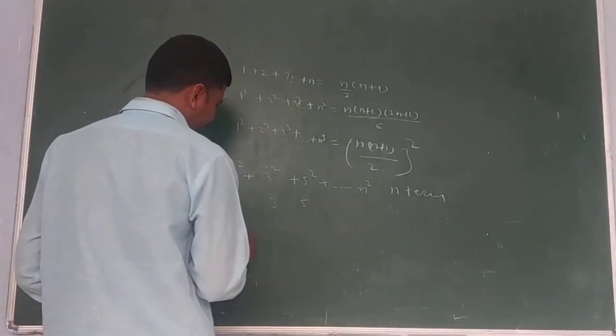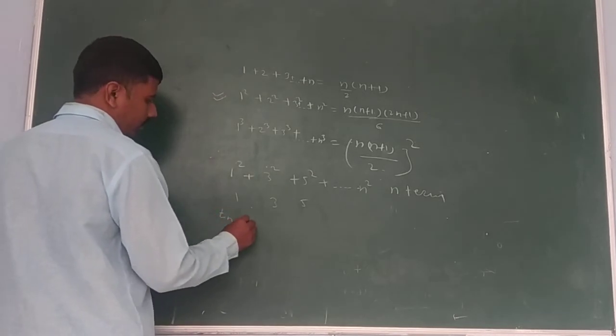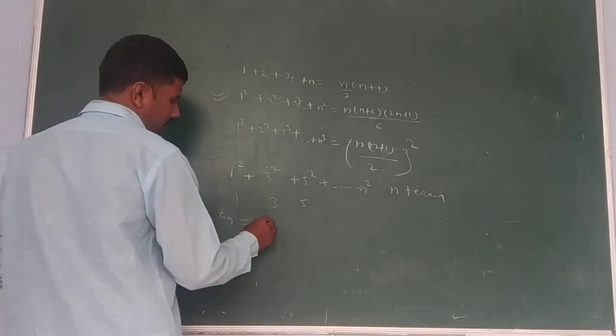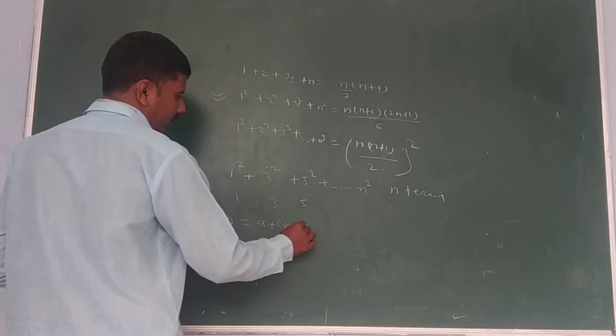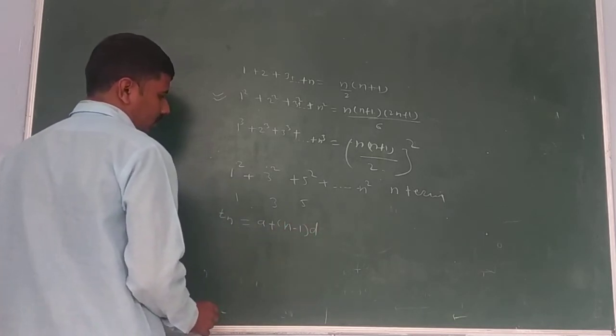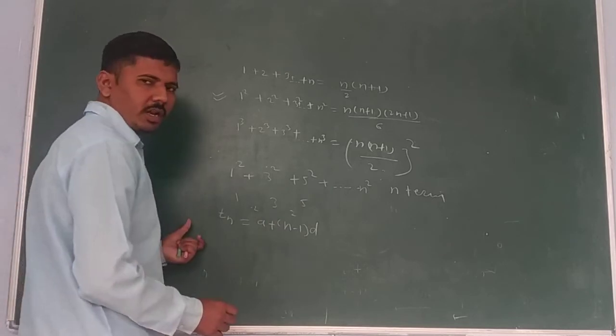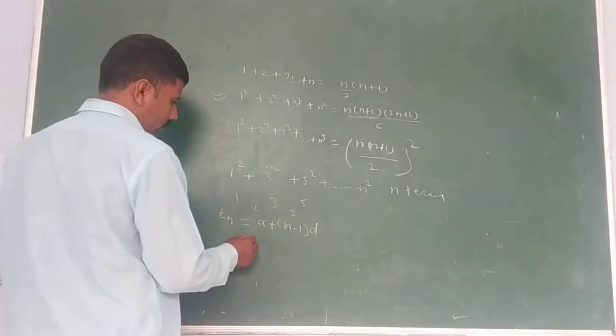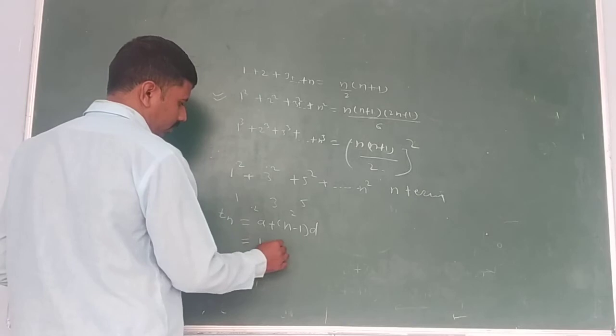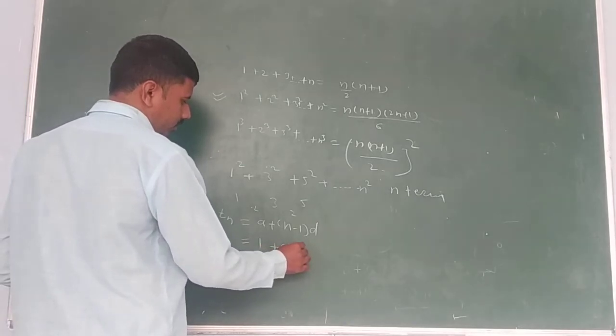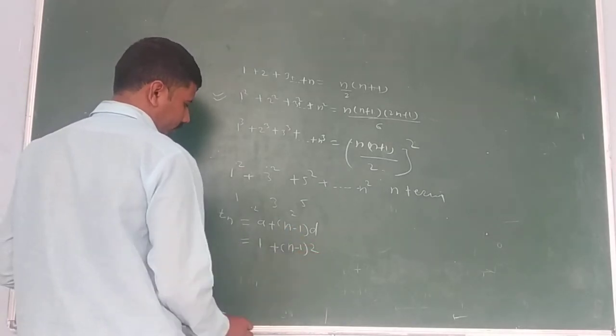The nth term Tn will be a plus n minus 1 into d, where d is 2, the common difference. We have to consider an arithmetic progression here. So a is 1, plus n minus 1 into d, where d is 2.